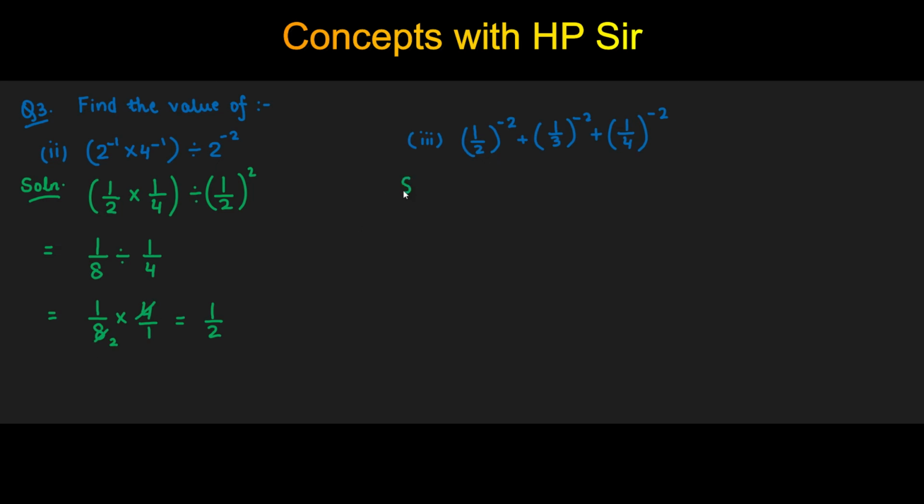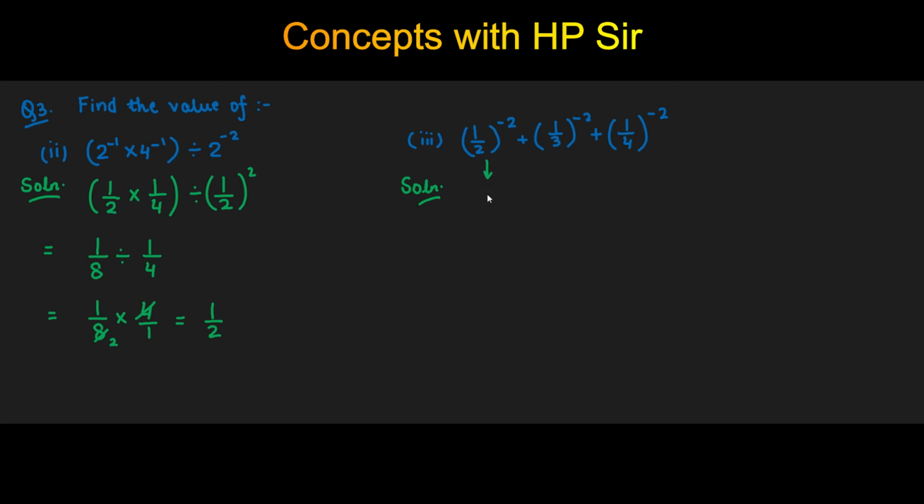Moving on to the third part. 1 by 2 to the power minus 2 plus 1 by 3 to the power minus 2 plus 1 by 4 to the power minus 2. So again, our first step will be to convert the power into positive index, which can be done by reciprocating the base.